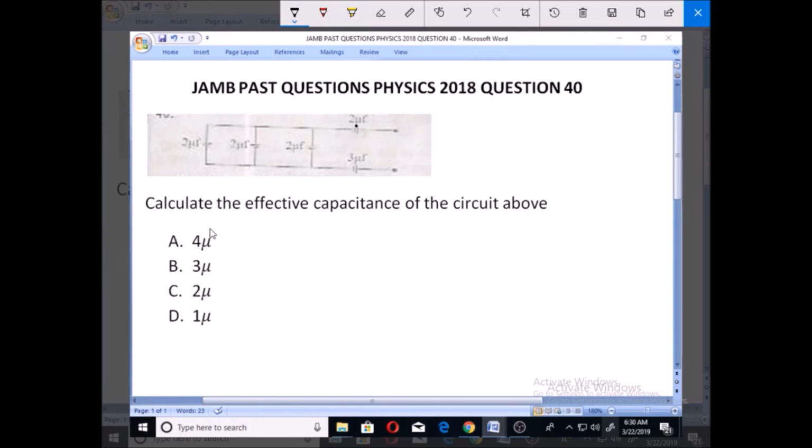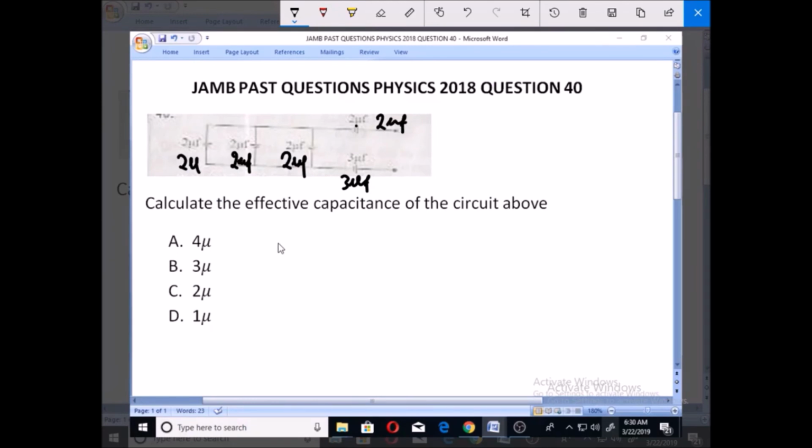So that is what we have. So these three are in parallel. These 2 microfarad is in parallel with this 2 microfarad, also in parallel with this 2 microfarad, whereas these ones are in series with them. So we have 3 microfarad in series with the totality of these 3 plus this other 2 microfarad.